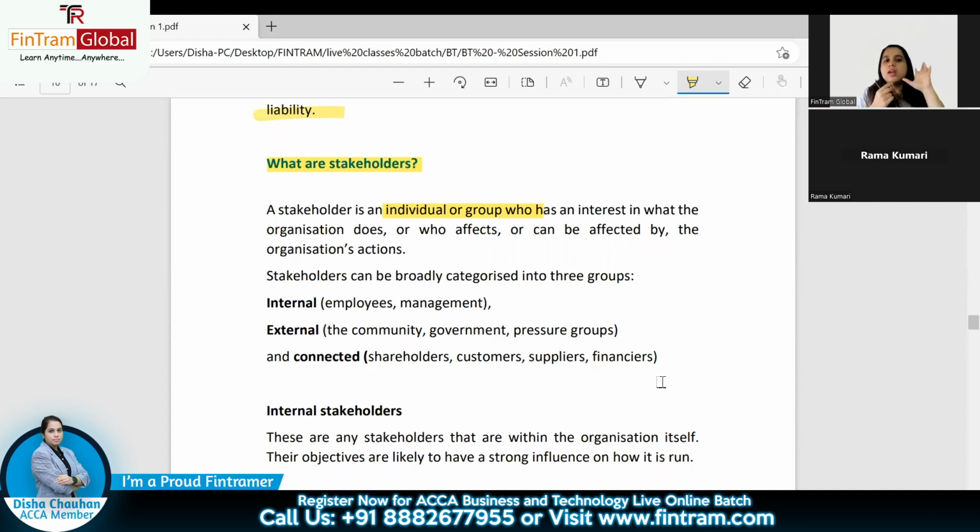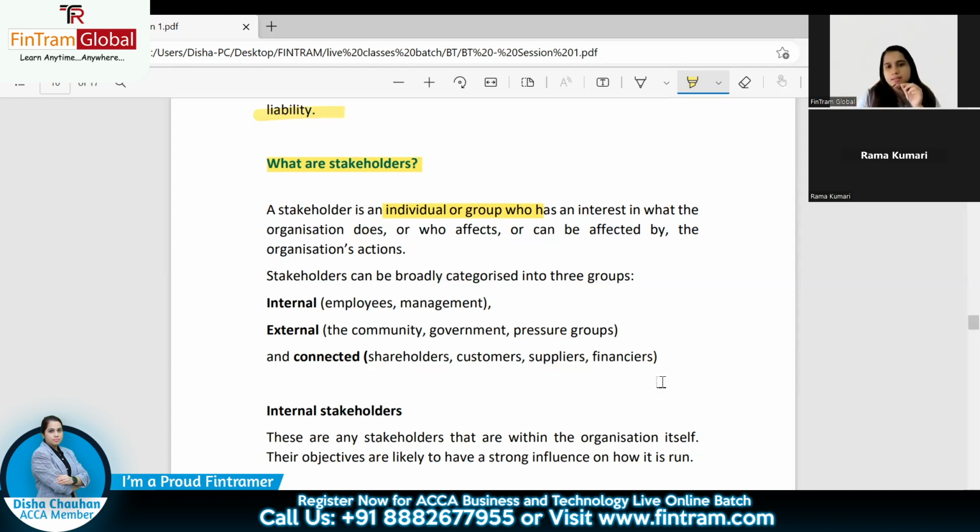So there are three things. Any individual or group who has some sort of interest in what this organization is doing, or could in some way affect what that organization does, or can be affected by whatever the organization does in the future or now.